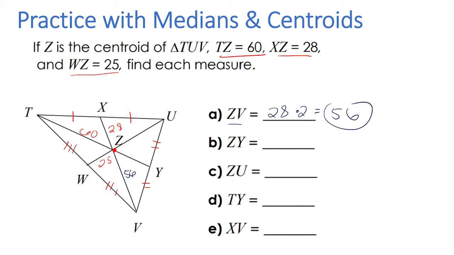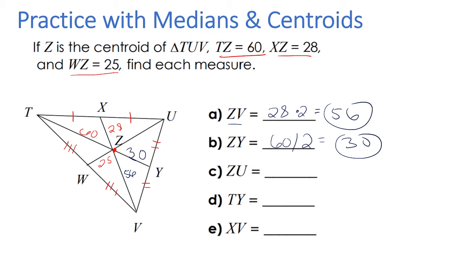And we're asked to find ZY, which is here. Since TZ is 60, ZY would be half of that. So 60 divided by 2, or 60 times 1/2, would be 30. So ZY would be 30, using our information from the previous slide.